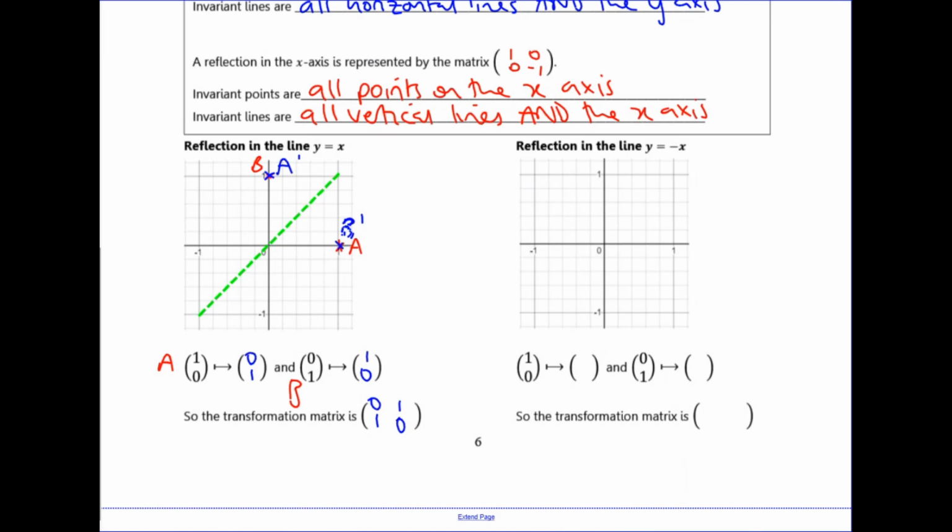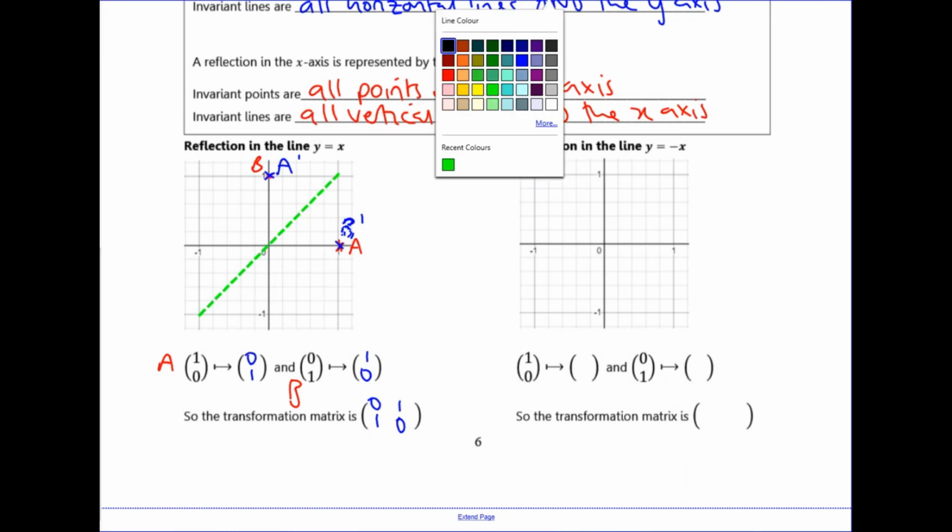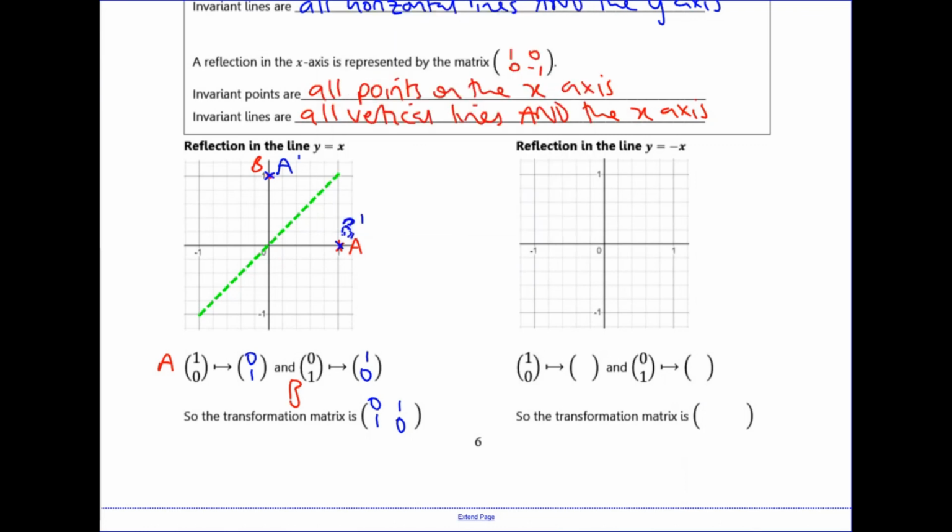For reflection in the line y equals minus x, let's do a similar thing. This is y equals minus x. So A is here, B is here. Reflecting these in this line, so A goes down here to be at (0, minus 1). B goes down here to be at (minus 1, 0).